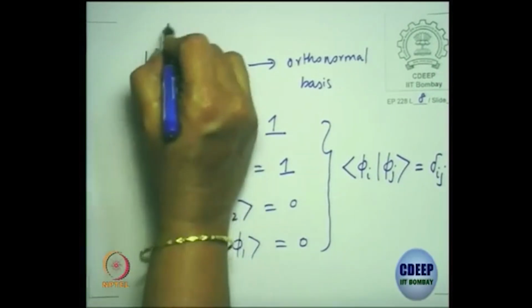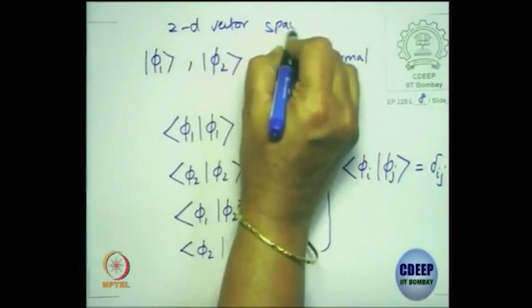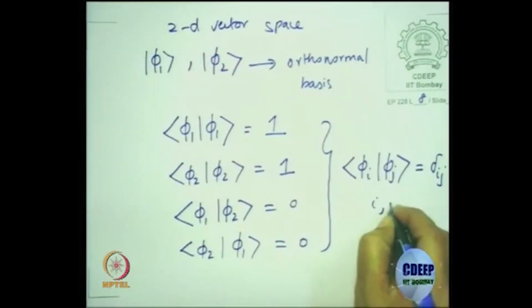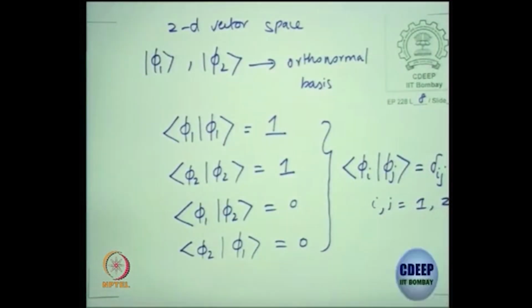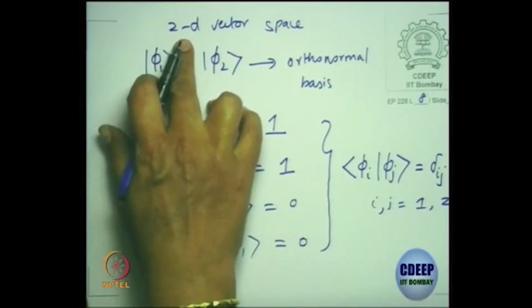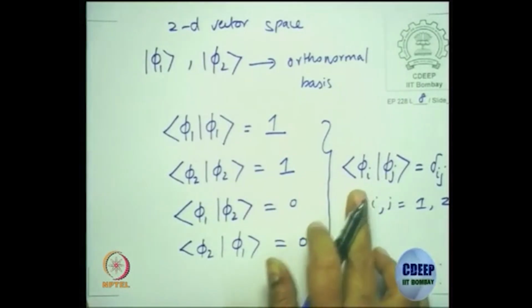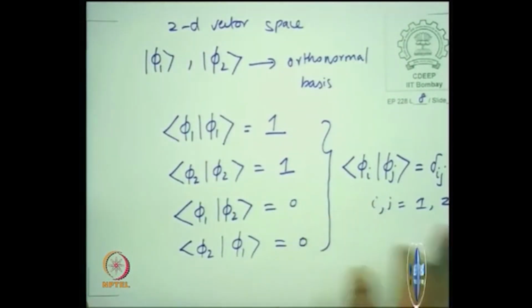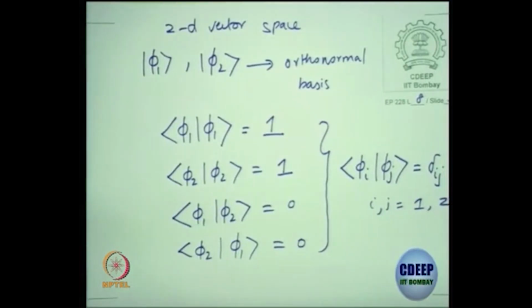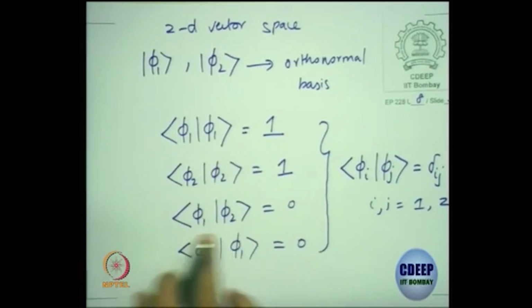For a two-dimensional vector space, i and j will both take the values 1 and 2. This is compact. Now, you see the generalization. If I go to n dimensions, there will be n basis vectors, not 2 basis vectors, and it will satisfy this orthonormality condition. So, this is normalized, this one is orthogonal.